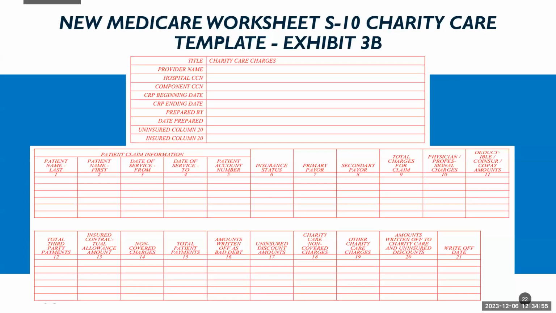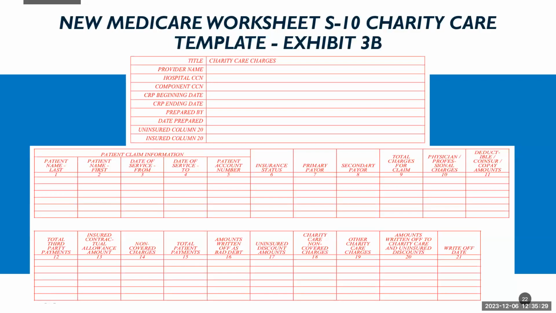Okay, there's a question. It says, is the self-pay discount also considered part of the charity for this report? Yes, self-pay discount is still counted as charity, but you have to make sure it is that uninsured charity. So if your facility does provide the traditional 25, 50, 40, whatever the percentage off of total charges to all uninsured patients, those are still allowable.